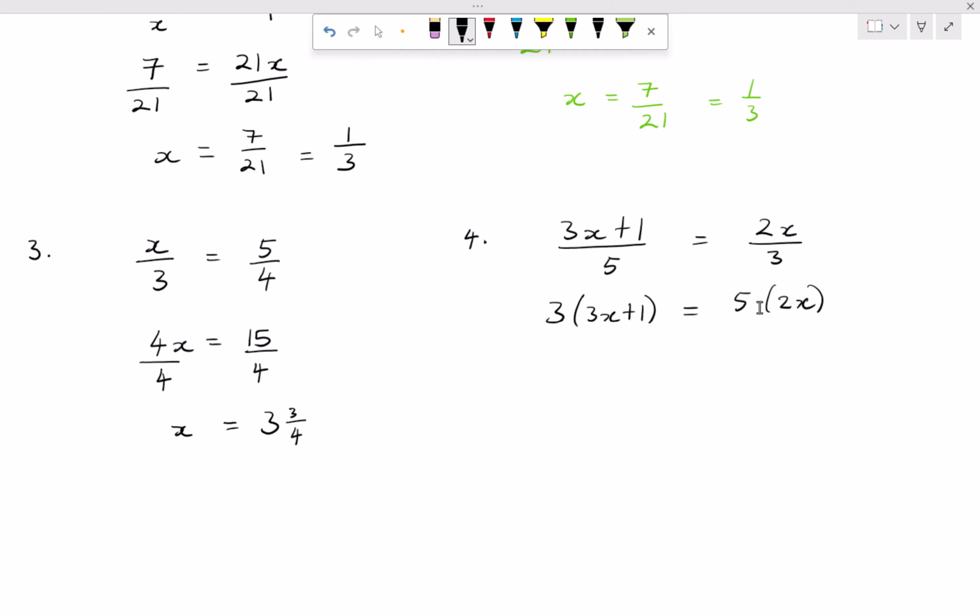We expand the brackets. 3 times x, that's 3x, plus 3 times 1, that's 3, is equal to 5 times 2x, that's 10x. So grouping like terms together, we take 3x to the other side, and that will become 10x minus 3x, that gives us 7x. So our value of x is equal to 3.